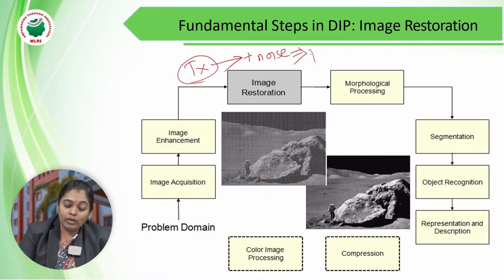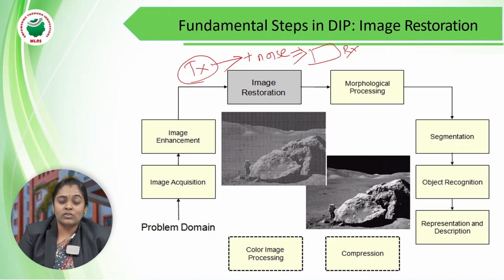So the output is not the perfect image which you have transmitted. There is some degradation, meaning some noise has been added to that image, but at the receiver side you need to retrieve back your original image. Whatever filters you use to get back your original image at the receiver side is called image restoration.